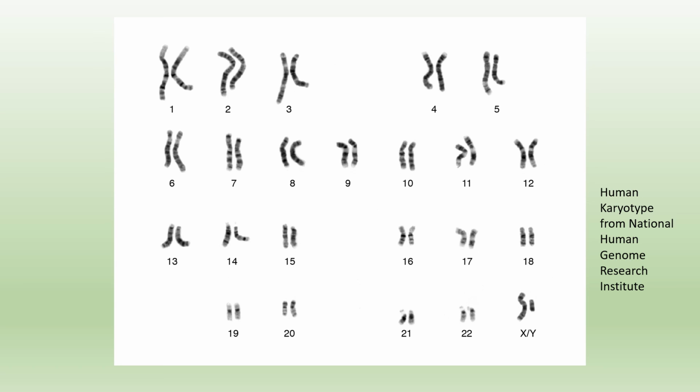We inherit one copy of each chromosome from our mother and the other copy from the father. There's this process called meiosis, where the precursor cell divides in a special way, going from having 2 copies of the chromosome, through this whole process, to become either sperm or egg that only have 1 copy of each chromosome.